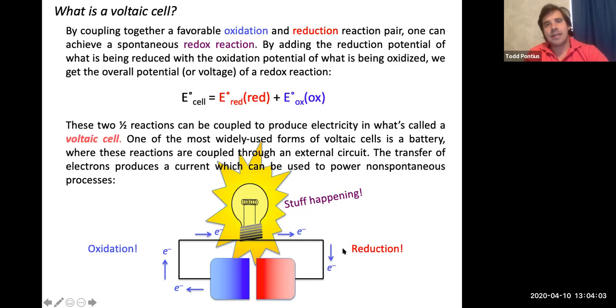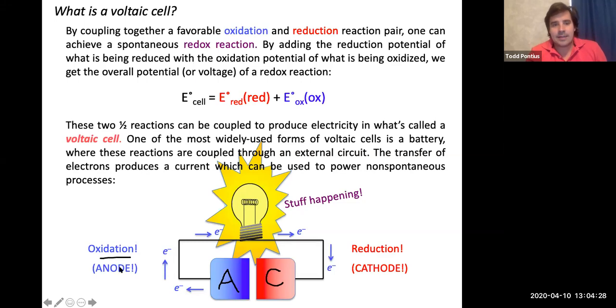Another convention is whatever's getting oxidized, we call that the anode. Whatever's getting reduced is called the cathode. The way that I like to think about it is that electrons travel in alphabetical order. They travel from the anode and end up at the cathode. So whatever's oxidized is the anode, whatever's reduced is the cathode.